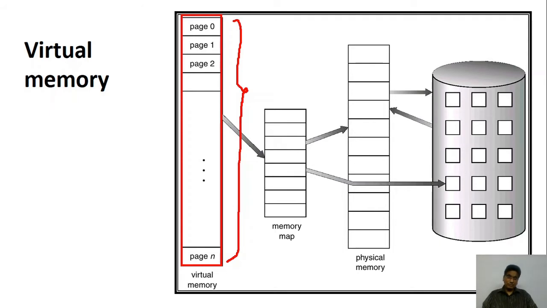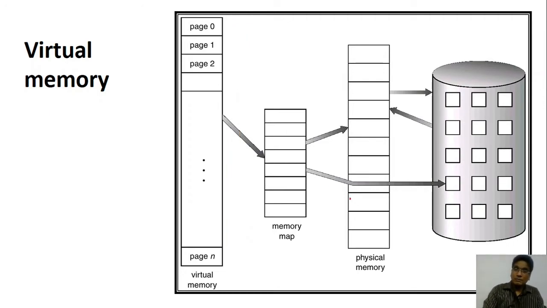Now somehow your program has to be fitted into the memory. When your program is executing, it will say that I want to read from page number 0. You know very well your program resides on the disk.